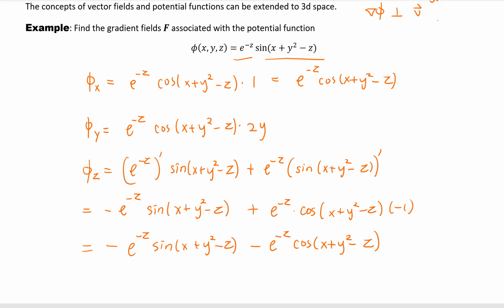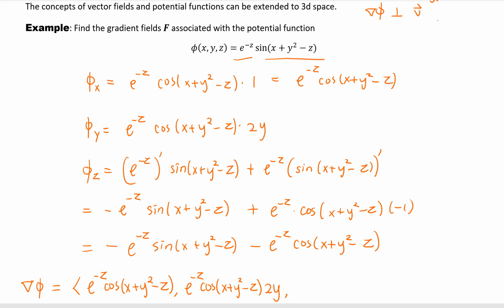Okay, finally, what is our gradient field? Well, phi x is e to the minus z cosine of x plus y squared minus z. Phi y is e to the minus z cosine of x plus y squared minus z times 2y.